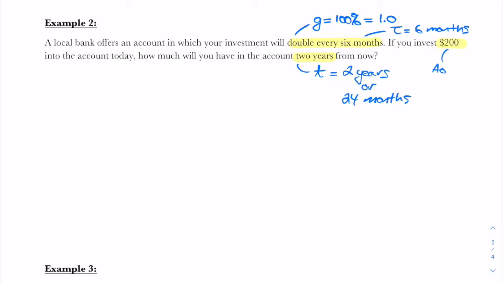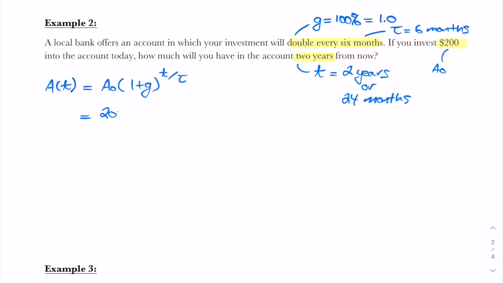All right, so let's set up our exponential growth equation. A of t equals A0 multiplied by 1 plus g to the exponent of t divided by tau. We'll do this in steps. Please substitute your values. So the A0 is $200.